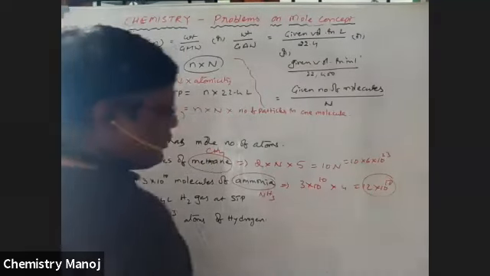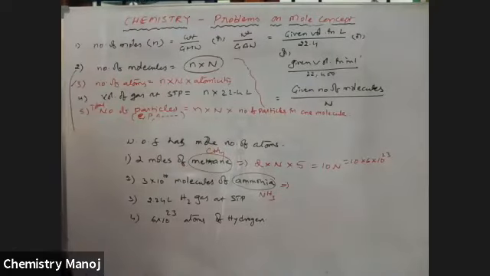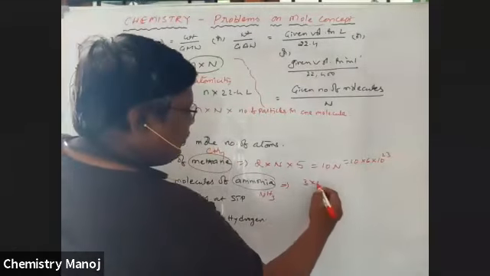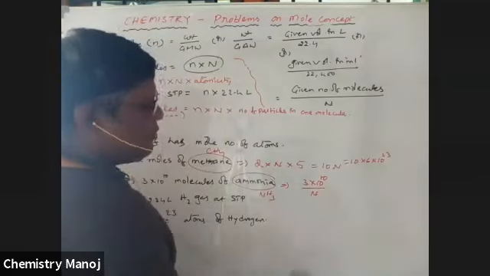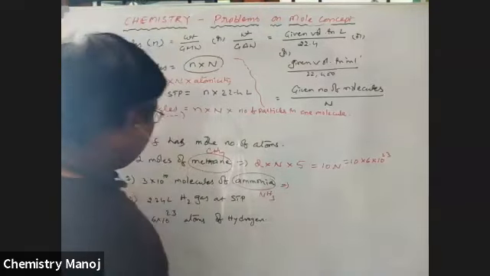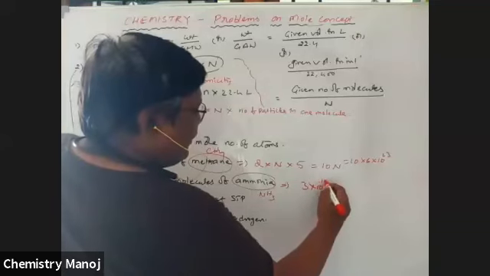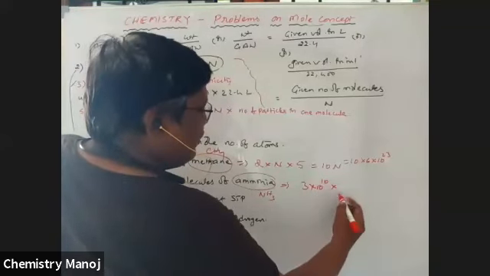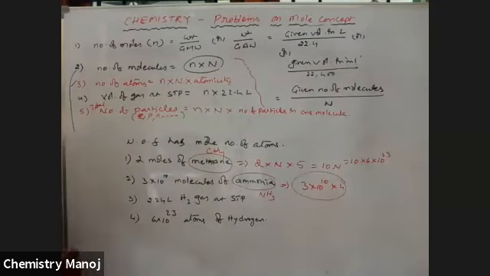Or simply, if you take n terms, given number of molecules 3 into 10 power 10 by Avogadro number, you can leave that, it is simply enough. So 3 into 10 power 10 molecules into atomicity 4. This much molecules, this much atoms.